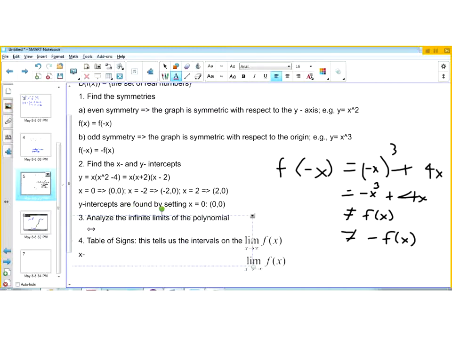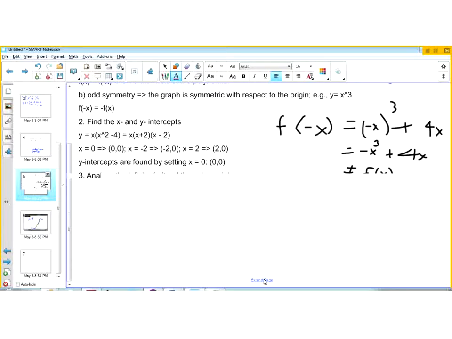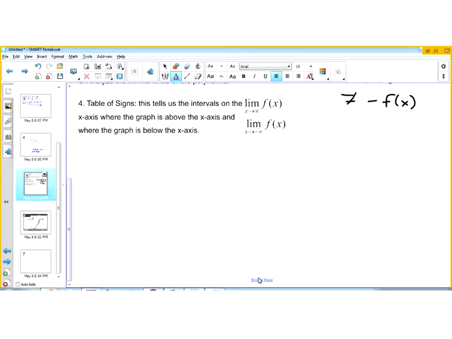This tells us the intervals on the x-axis where the graph is above the x-axis and where the graph is below the x-axis. Okay, so I'll show you how to construct a table of signs.